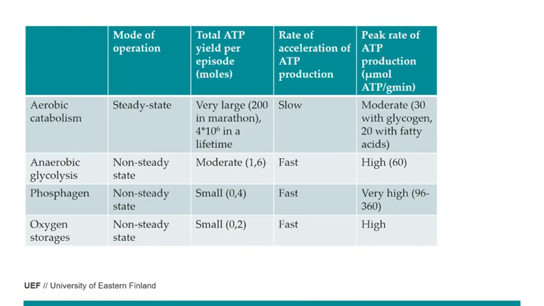So with fast glycolysis, we can have 2 times more ATP in a short term. Or by releasing the phosphate from these phosphagens, it's enormous. And even the oxygen storages can produce a huge number of ATP for a very short time.